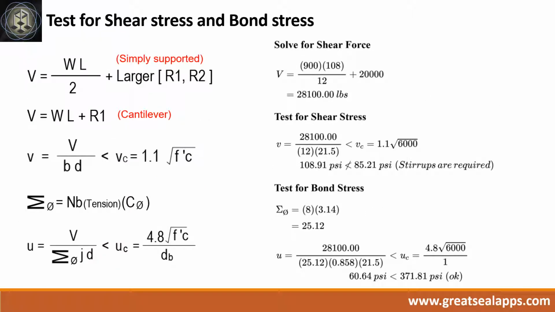The shear force is 28,100 pounds, and shear stress is 108.91 psi, greater than 85.21 psi. The total bar circumference is 25.12 for a bond stress of 60.64 psi, less than 371.81 psi.